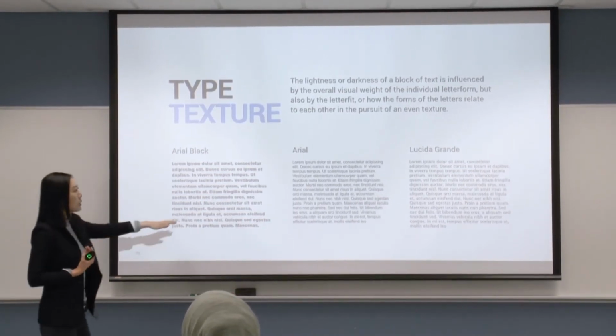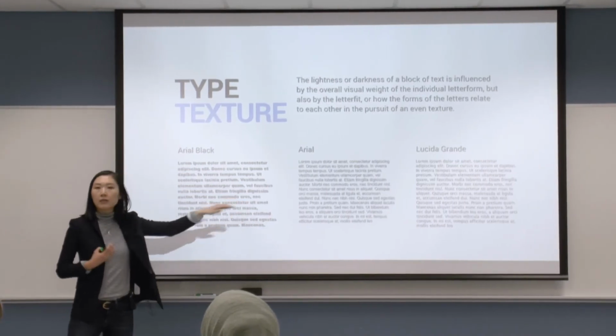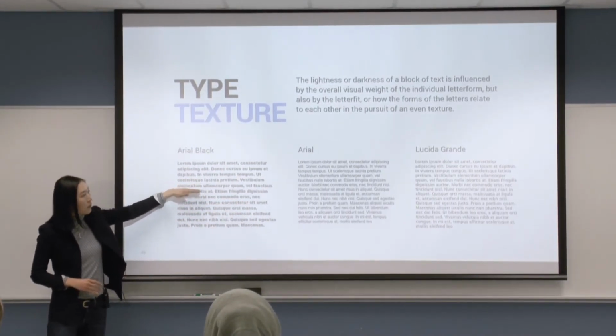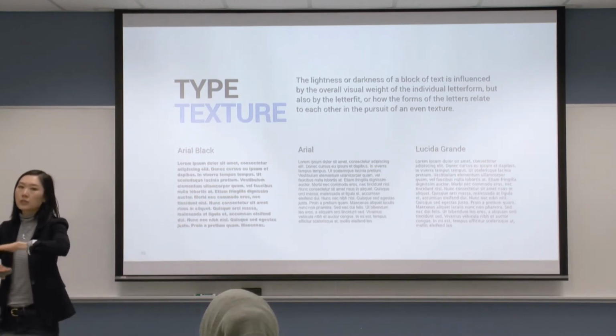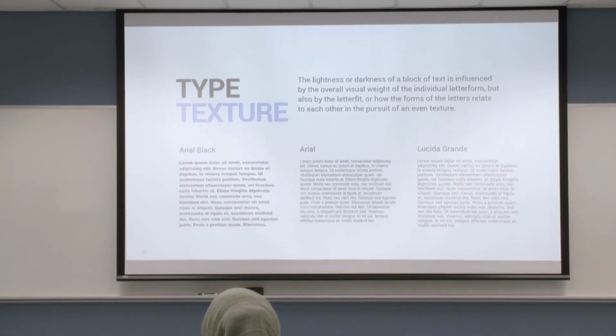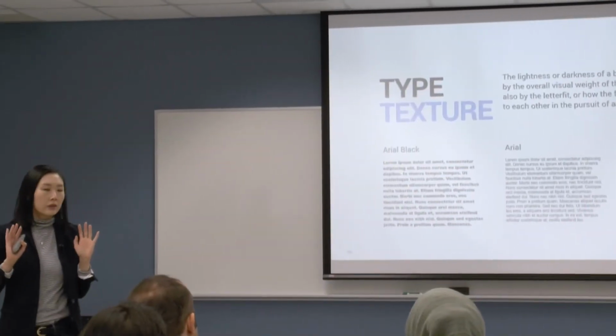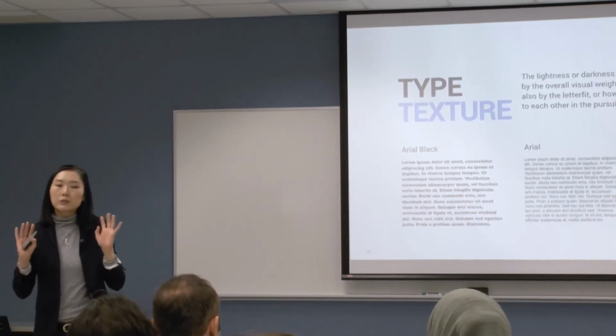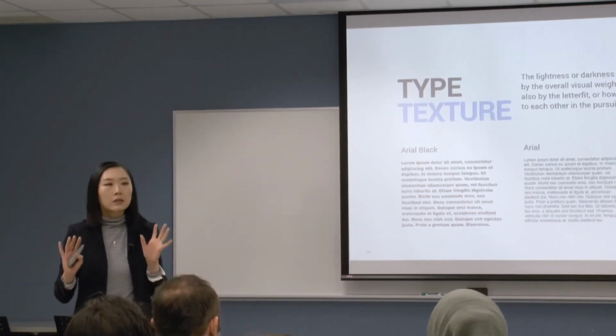And if you increase the leading, so again, leading is the space between lines of text. If you increase the leading, meaning that there's more white space in between lines, your block of text will appear lighter, okay? So why is this relevant for design? We talked about things like contrast, right?